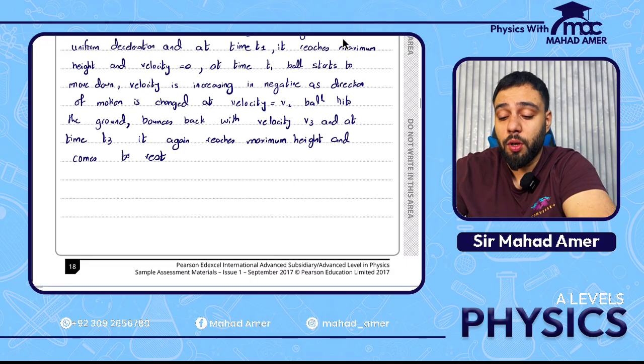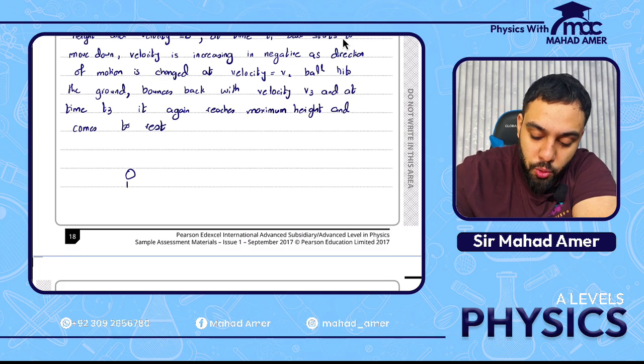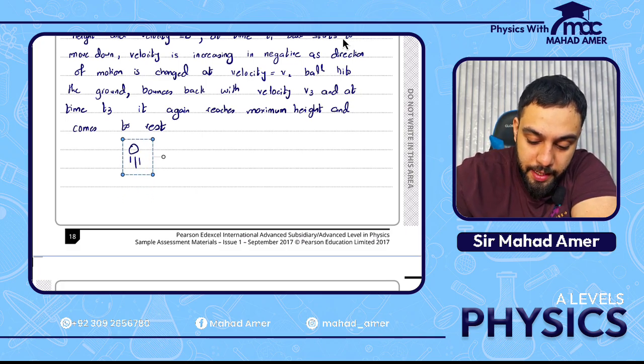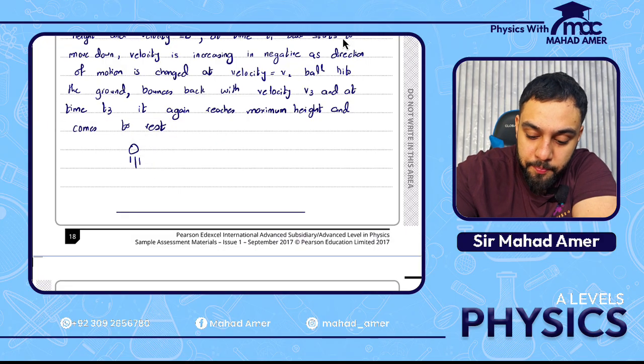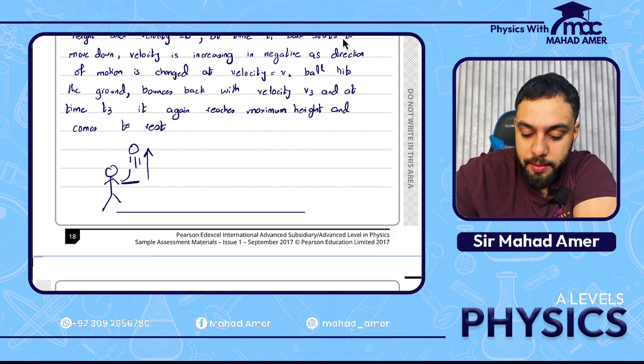Let me just draw the whole motion for you. There's a ball that is thrown upwards. The ball goes up. Now, this is the ground. Understand my point. I'm standing over here. I threw the ball up from this point. The ball goes up and reaches maximum height, where v equals 0.